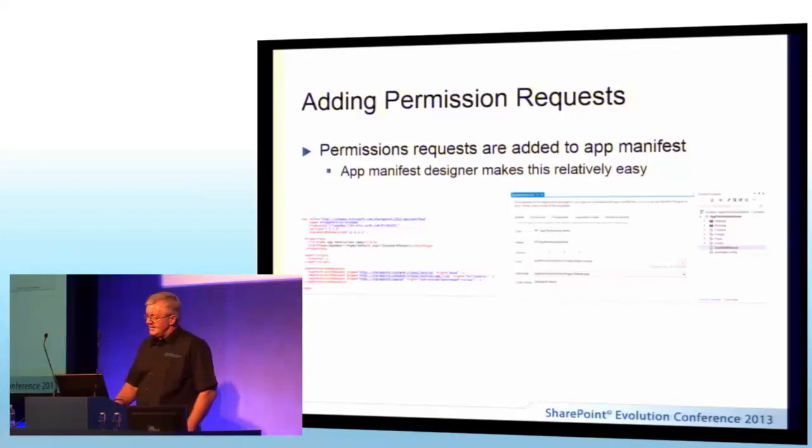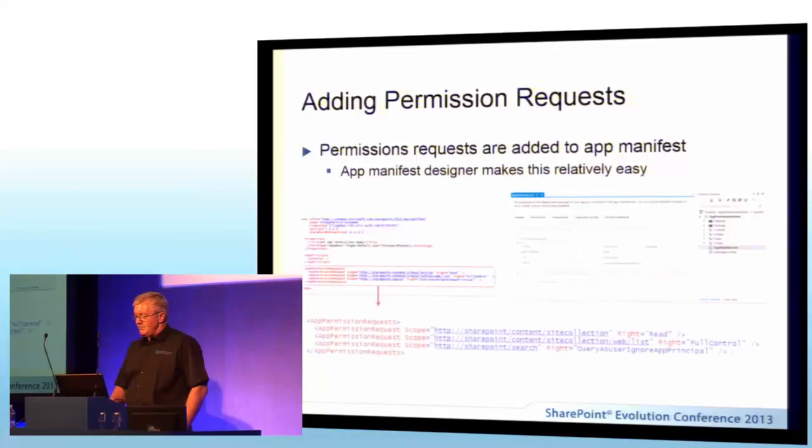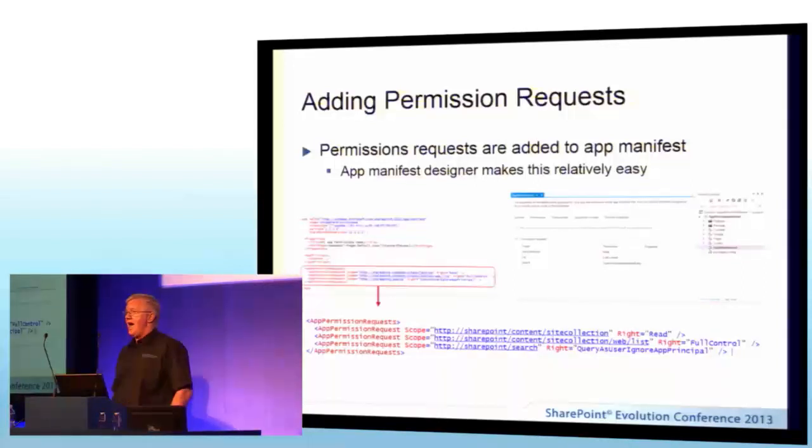And the idea is that either I can use the permission designer to put permissions inside, or I can just edit the raw XML inside of the app manifest. You'll find that the permission designer is pretty good, but also when you work with raw XML, the IntelliSense is pretty good for some things, but not as good for other things. But there are times where you actually have to go and do the raw edits to the XML.